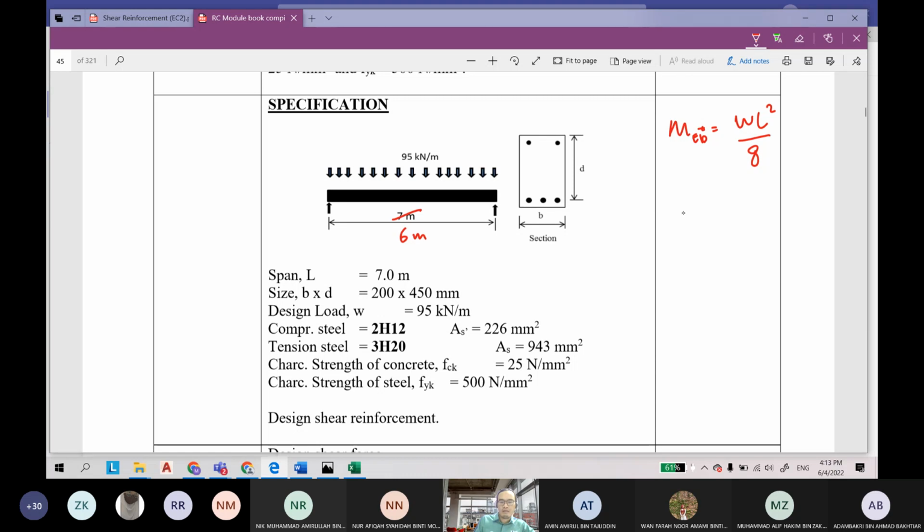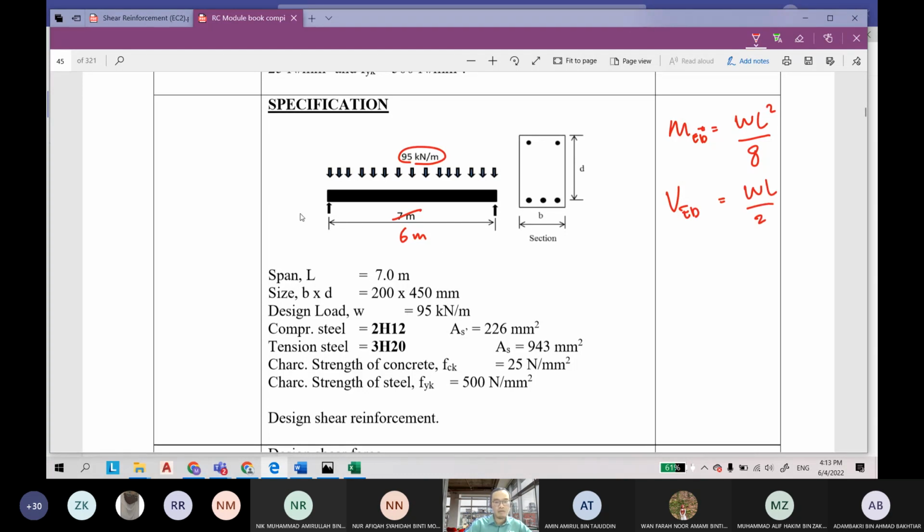W is the ultimate load, and L is the length, and 8 is a fixed coefficient. VED is equal to WL over 2. These two equations are very simple; you must remember them.